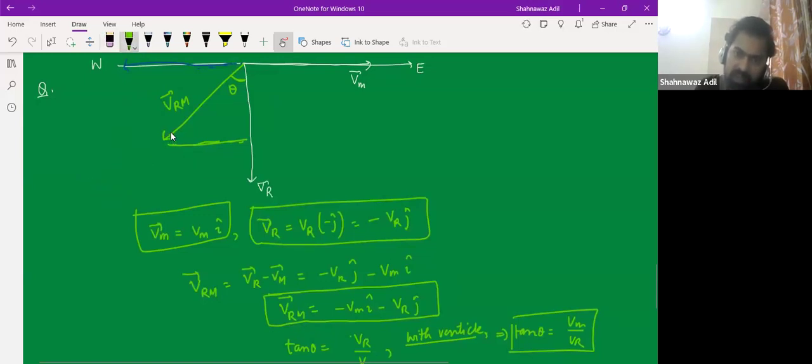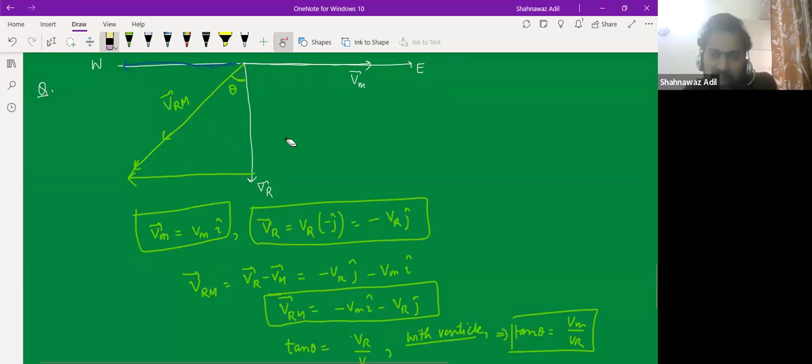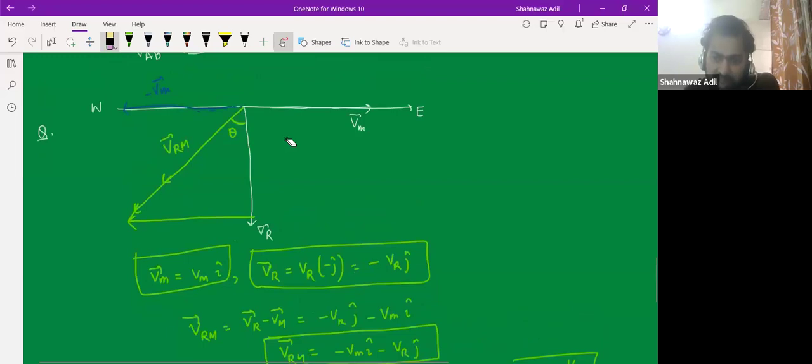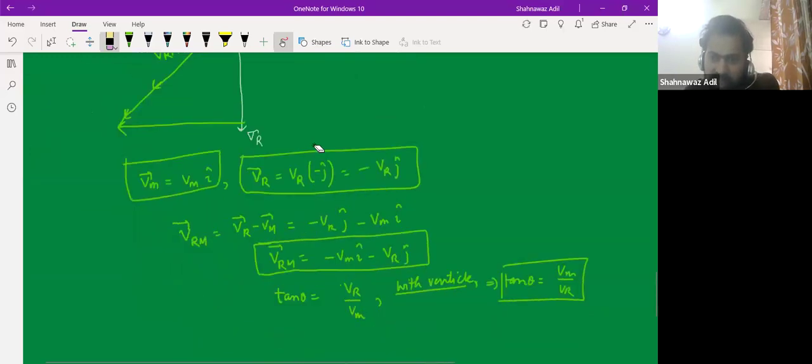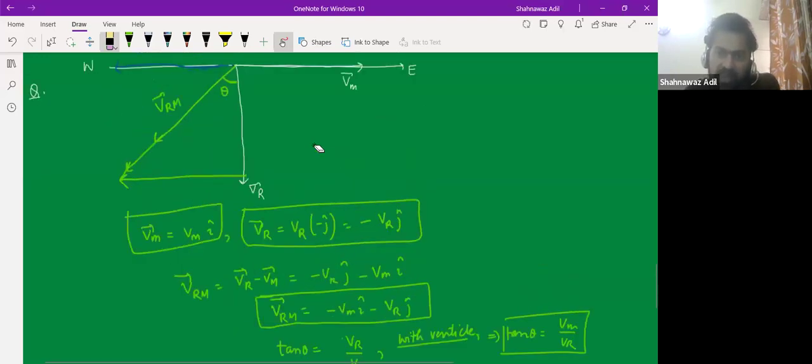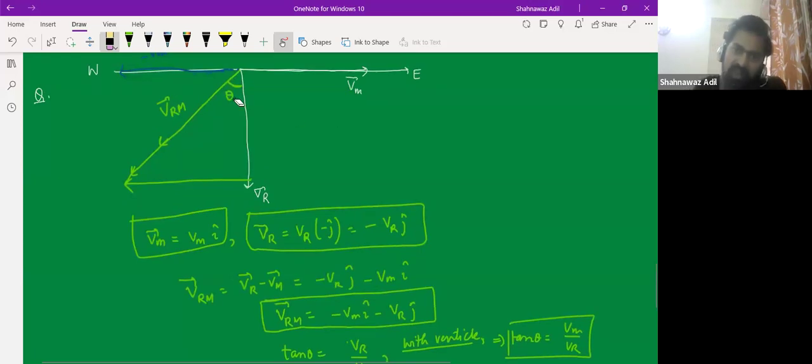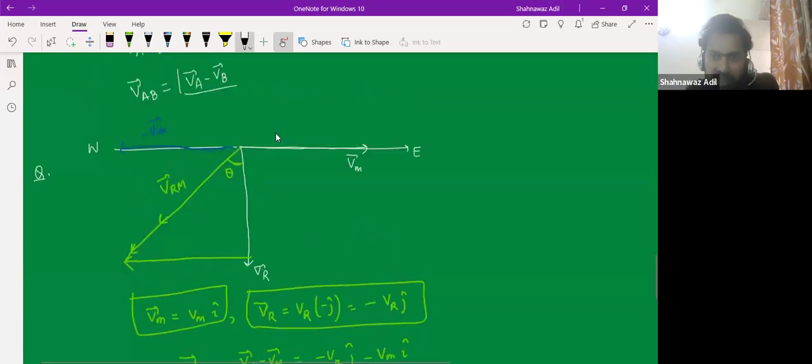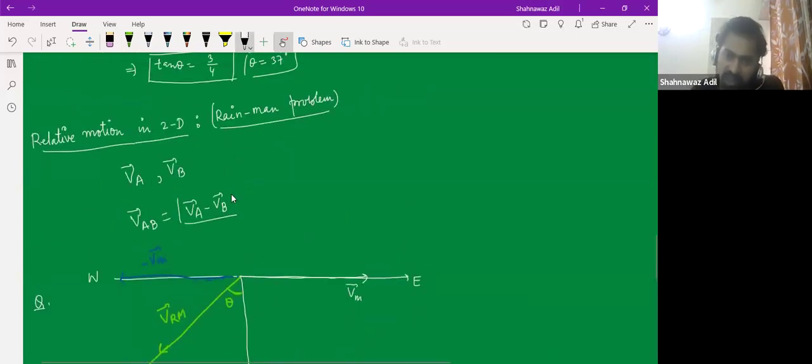Yes, sir. Yeah, so these are the things that we have to remember in rain-man problems, and this is related to relative motion. So just quickly note down this thing. IJK formalism is easy; with IJK formalism, we can understand it properly, but this one is difficult to understand.